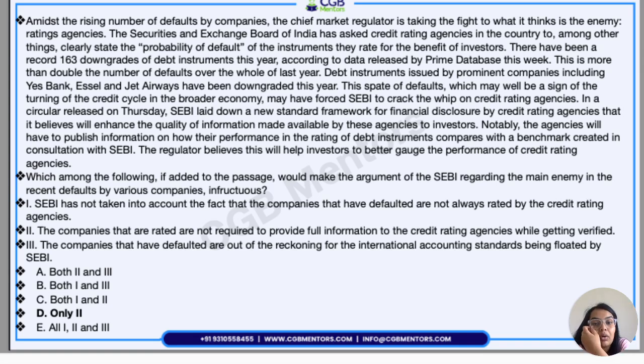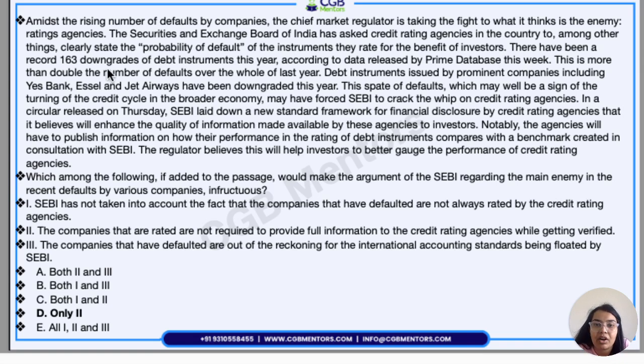Okay, now the companies that are rated, the companies that have already got a rating, are not required to provide full information to the credit rating agencies while getting verified. So how was that verification done? Here the author tells us further; I read half, I will read from further ahead.